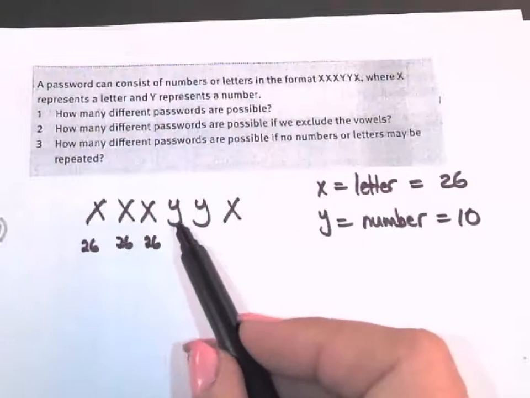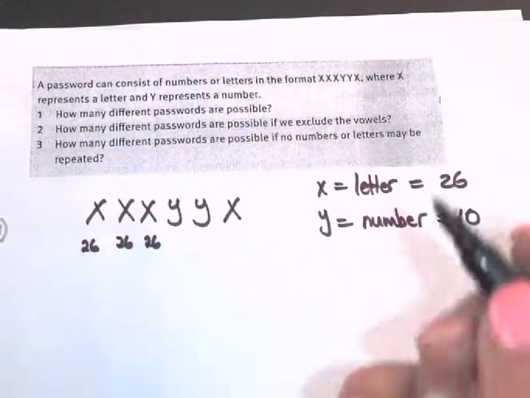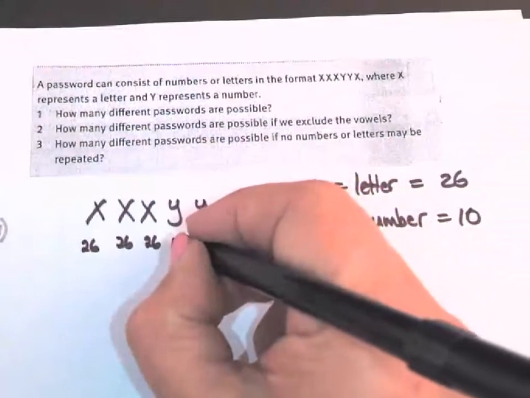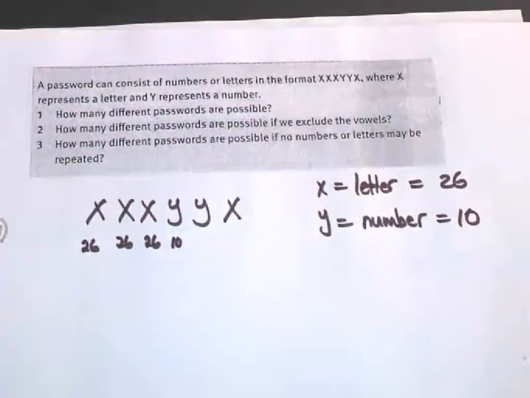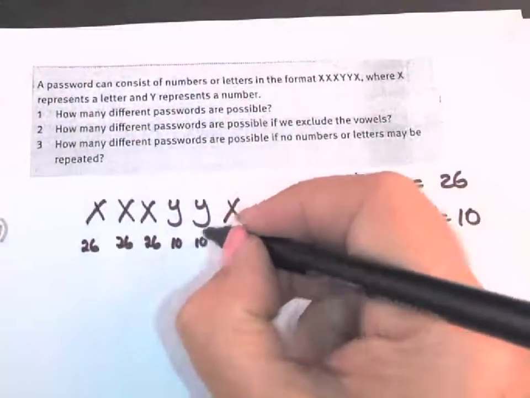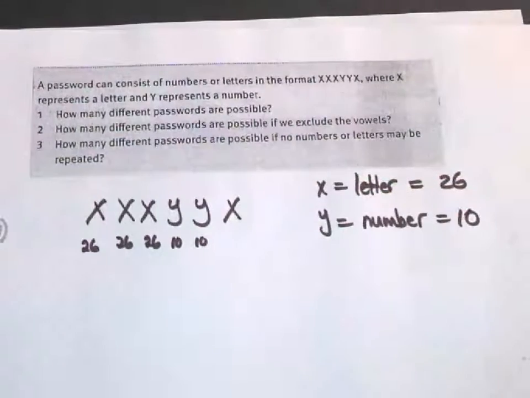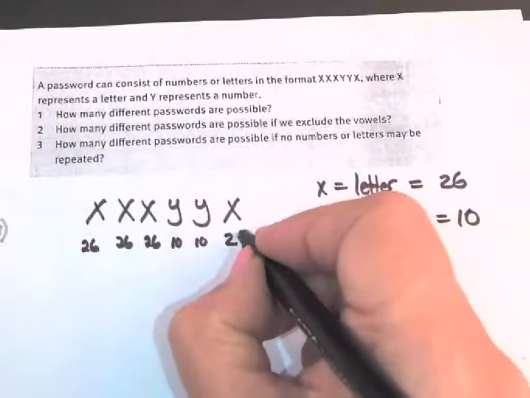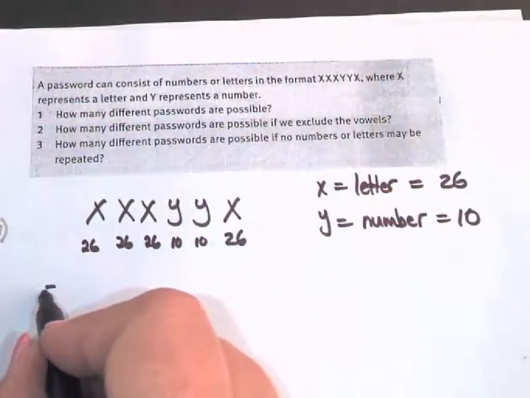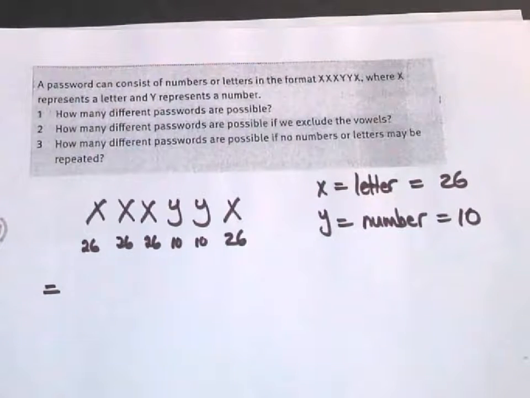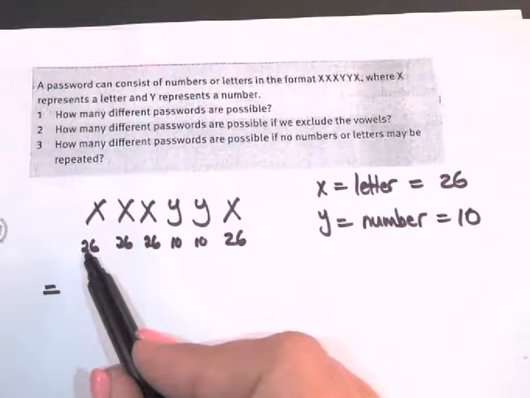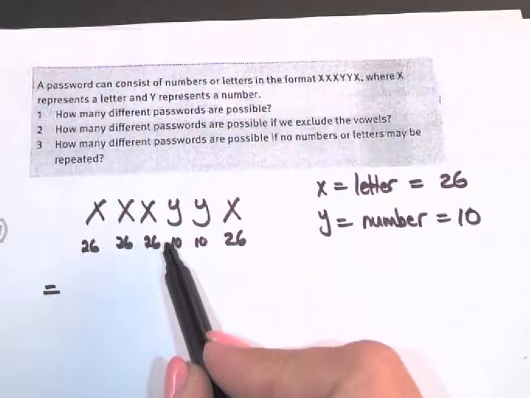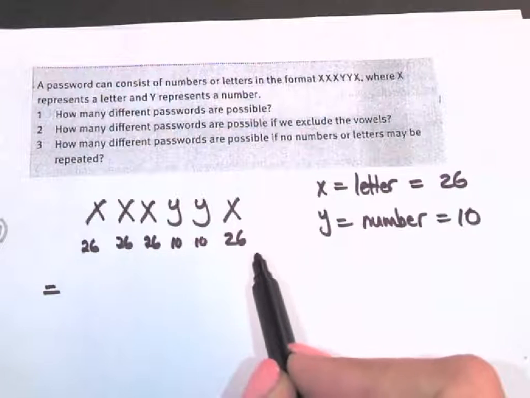How many numbers can I put here? 10. And here, 10. Now we're back to letters, 26. So the number of possible combinations will be 26 times 26 times 26 times 10 times 10 times 26.